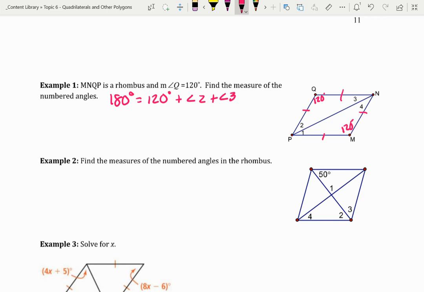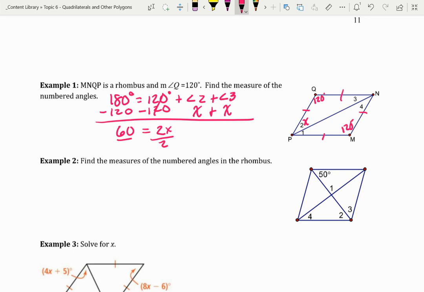Okay. So now we can go ahead and just add them. What we're going to do is subtract 120 from 180. Let's call this x. So we've got x and x. So we get 180 minus 120, which gives us 60, equals 2x.